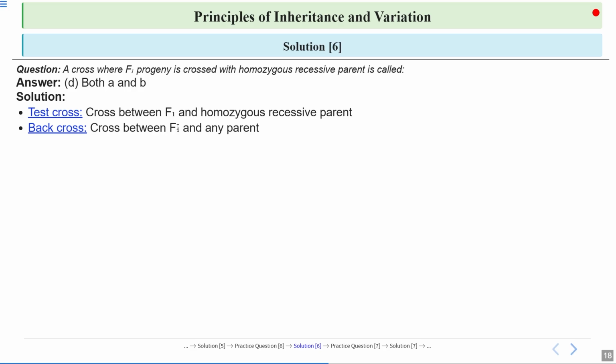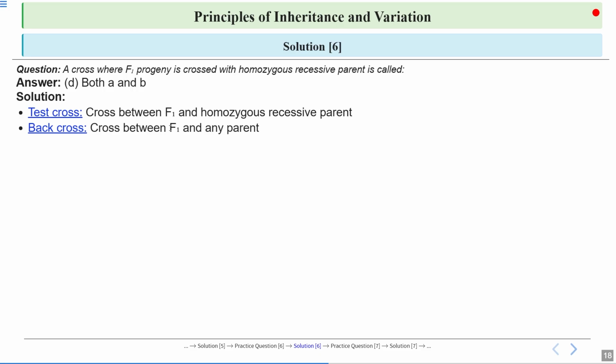Now, why is the answer both A and B? When Mendel did the experiment, he used two parents. One parent was homozygous dominant, another parent was homozygous recessive. So in back cross, you are crossing the F1 hybrid with any of the parents. So you can even cross with the homozygous recessive parent also. So test cross comes under back cross only. Clear?